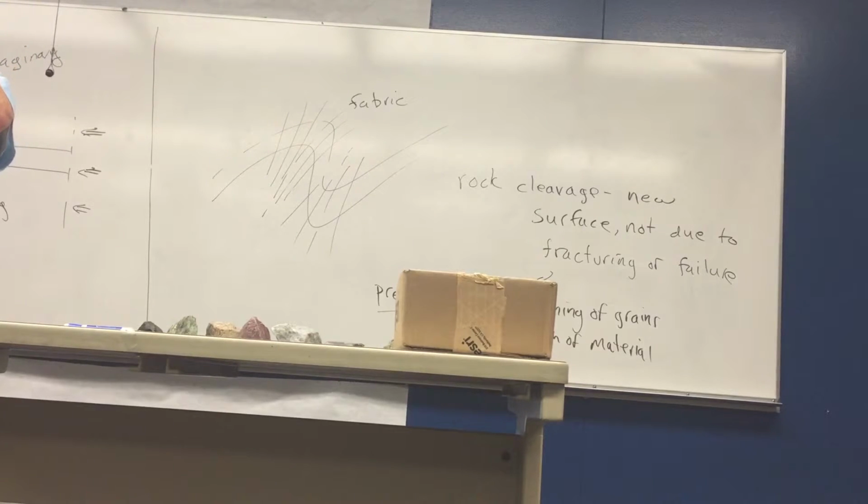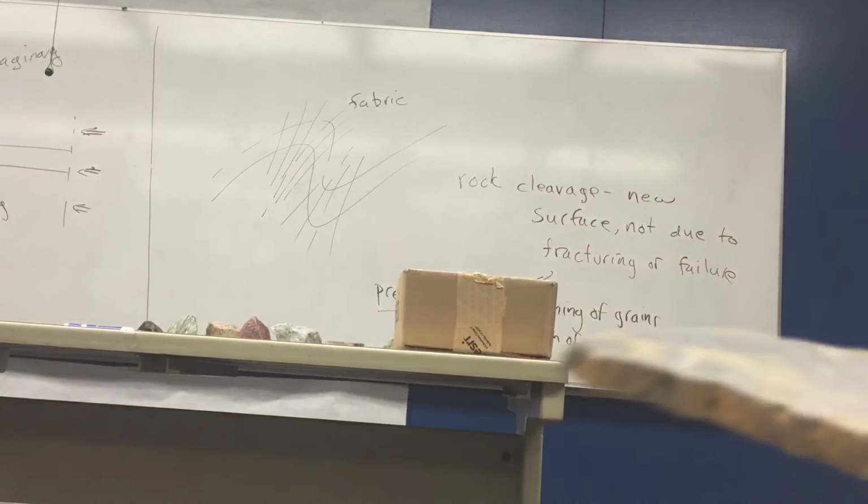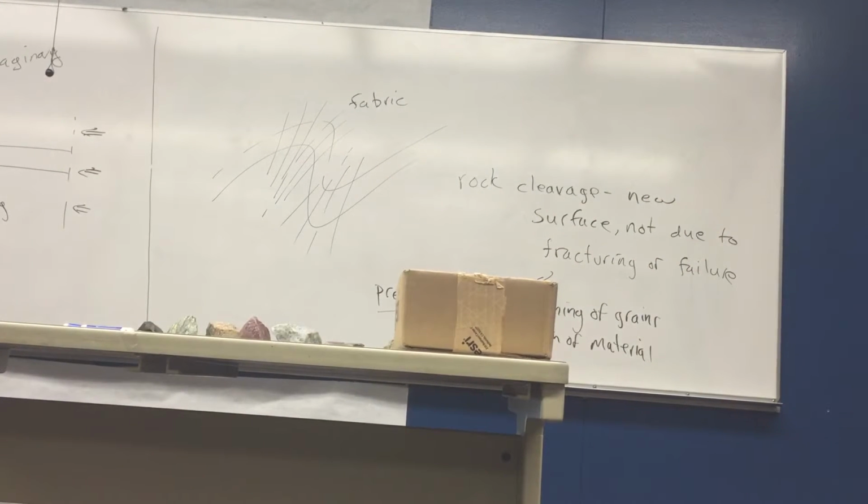You see the pressure solution surfaces here and here. Let's send that around that way. This one, a little bit harder to see. If you look at the back side, Tim. Why don't you see the pressure solution lines along the folds? Because they're a different material that wasn't quite soluble under those conditions.